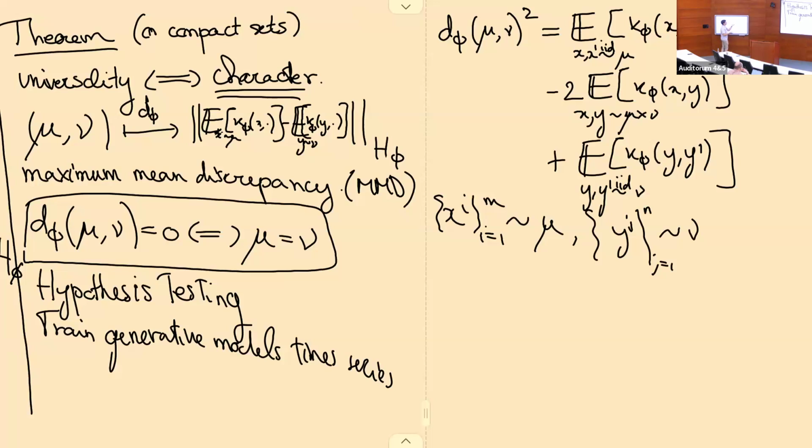You can use your favorite estimator for the expectation, and so you can get unbiased estimators for d phi. Essentially, this d phi is just computing a bunch of PDEs many times all around, and then averaging. Essentially, that's how you compute this.